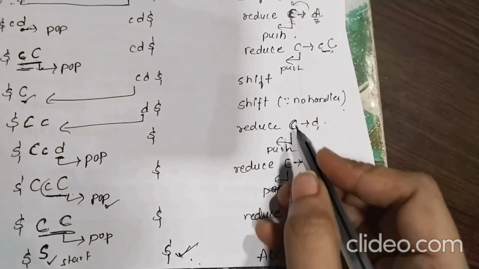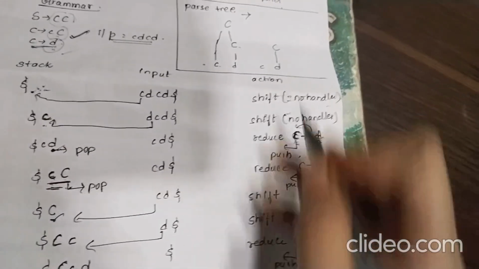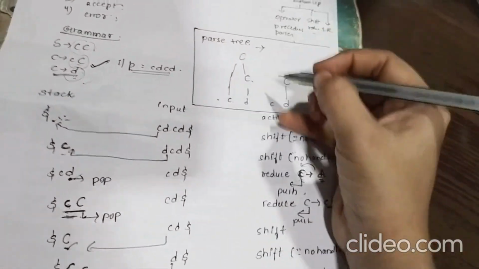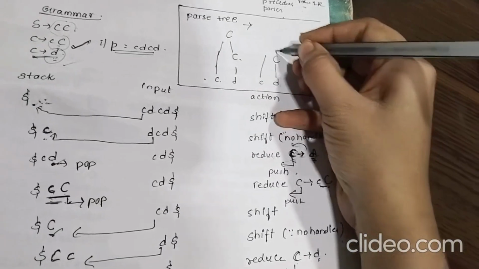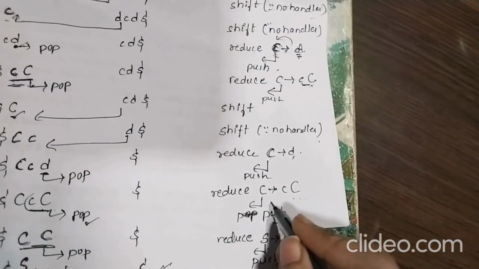Next, capital C derives small c and C. So this is capital, this is capital. So small c and capital C derives what? Capital C. Okay.